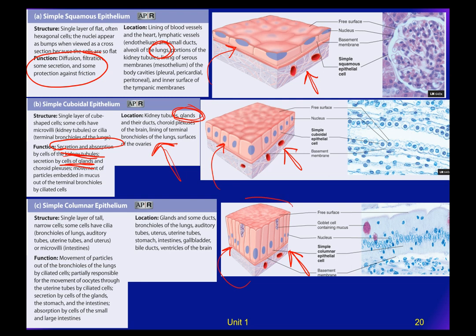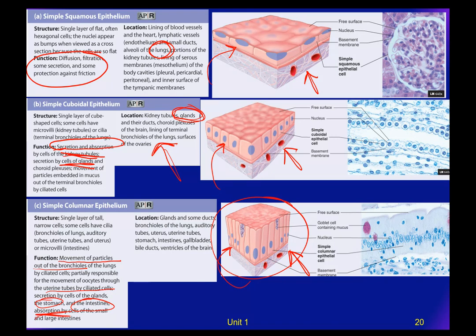So, simple columnar epithelium. Functionally, we're talking about movement of particles out of bronchioles. We're talking about the uterine tube, moving oocytes. We're talking about the intestines, the stomach.